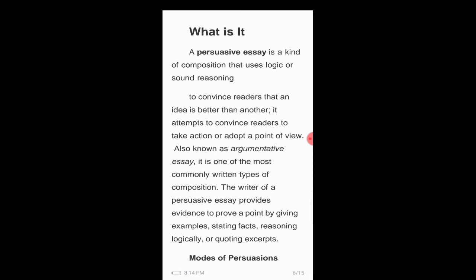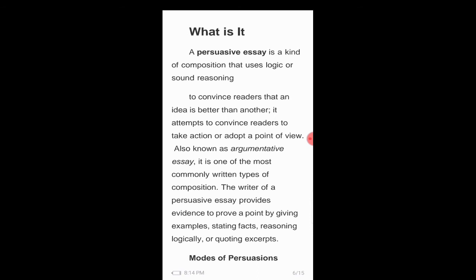Therefore, I have a goal, and my goal is to convince you, my students or the readers, that my work or my essay is better than another work, no? It attempts to convince readers to take action or adopt a point of view.